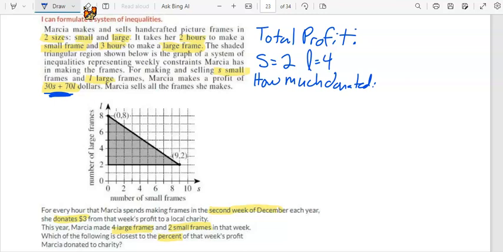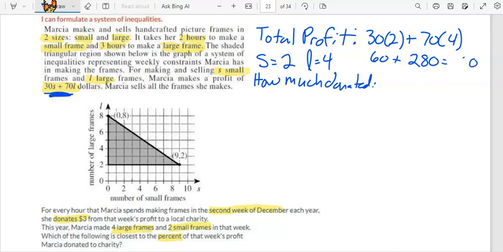So if we plug that into the formula, we have 30 times 2 plus 70 times 4. So we have 60 plus 280. $340 altogether.